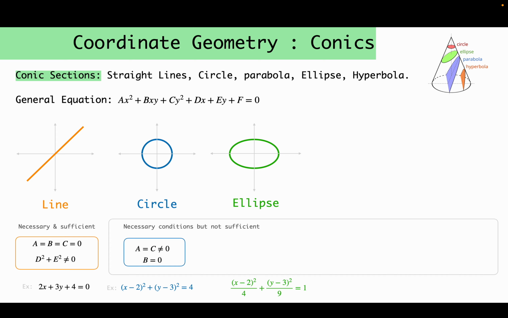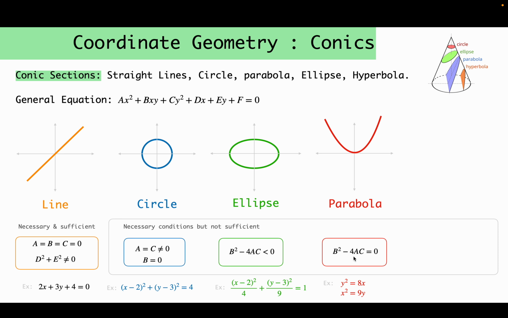Then we have the ellipse, and we know the circle is actually a special case of an ellipse. So the general equation of an ellipse looks as follows, and the necessary condition for a general equation to be an ellipse is b square minus 4ac less than 0. And for the parabola, the condition would be b square minus 4ac equal to 0, and this is how two different forms of parabolas will look.